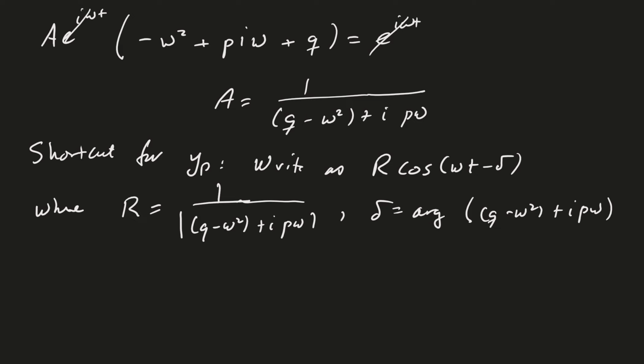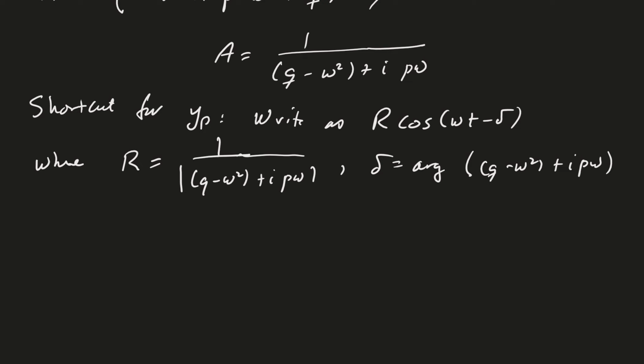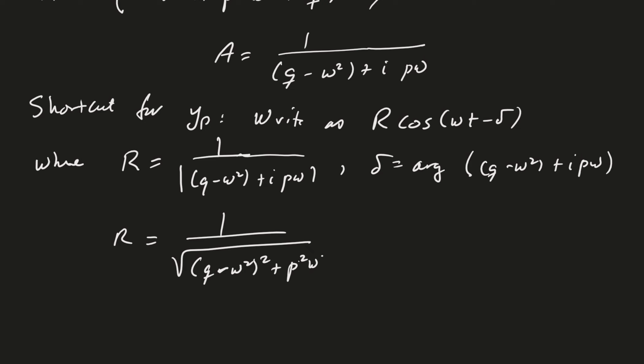If I want to rewrite that, r is 1 over the square root of q minus omega squared, quantity squared, plus p squared omega squared, and delta I'm not going to simplify any further.